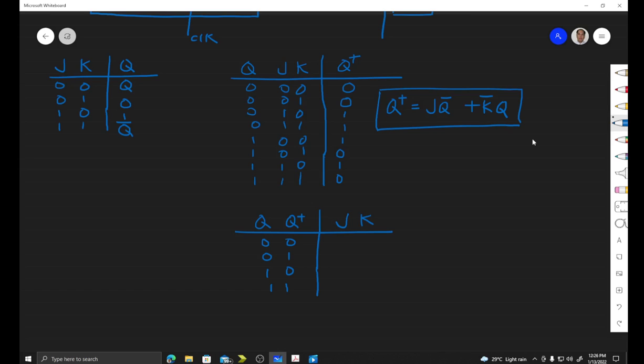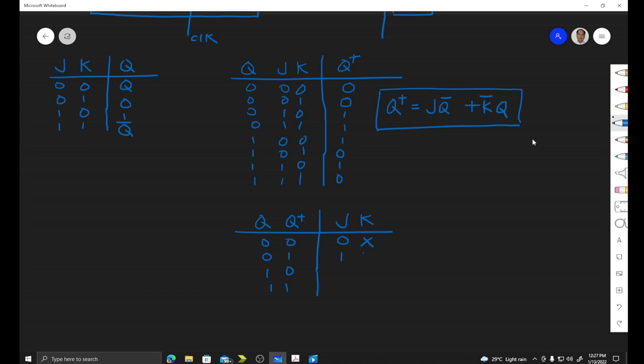Then J is 0 and K is 1 or 0, or we can write X, which means don't care, it's either 1 or 0.